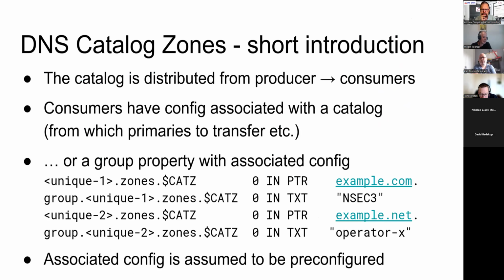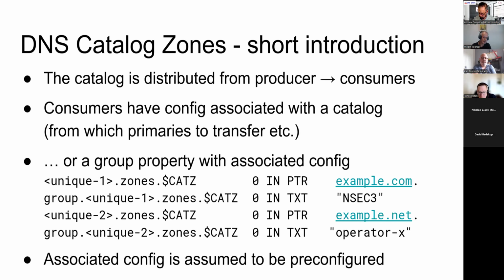So the catalog is distributed from producer to consumers. Consumers have configuration associated with the catalog zone, such as from which primaries to transfer the member zones. Or, another possibility, there is a group property associated with the member.